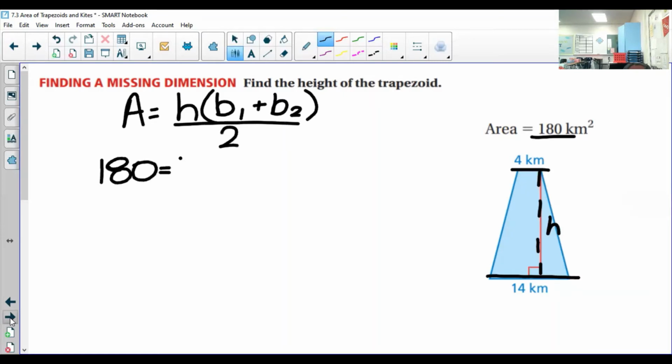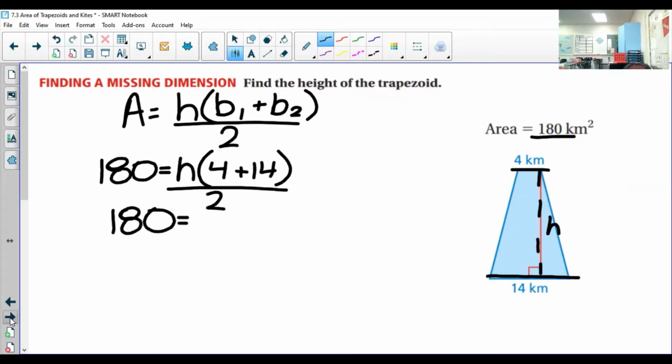I don't know the height, so I'm going to keep that, times 4 plus 14 over 2. Okay? First thing I'm going to do is, again, my parentheses. 4 plus 14 is 18. So I'm going to do 180 equals h times 18 over 2.